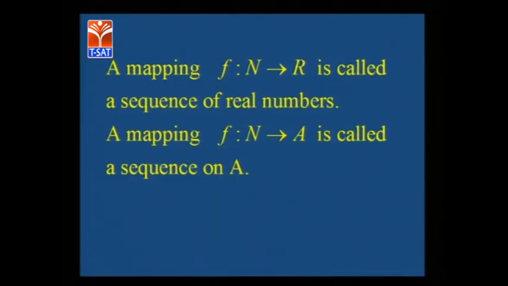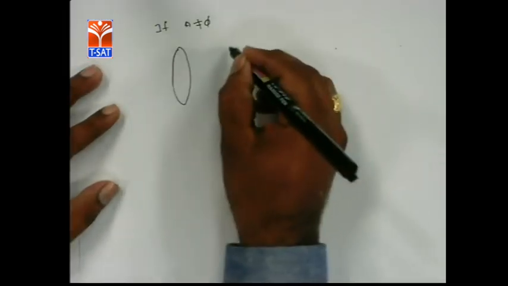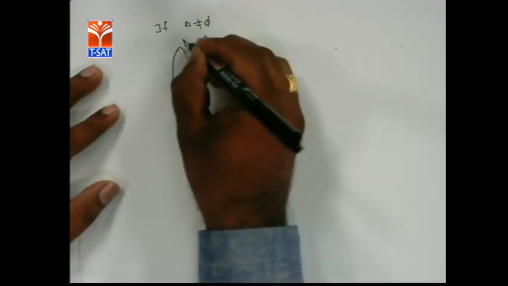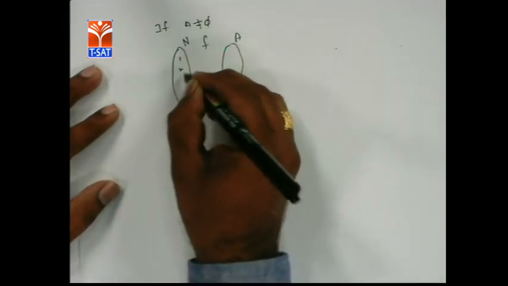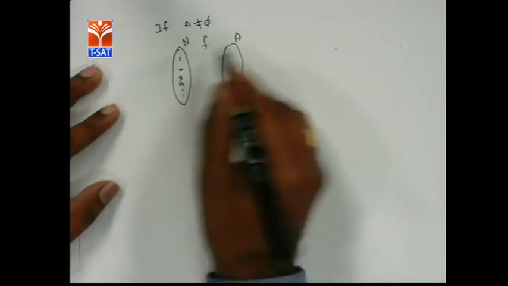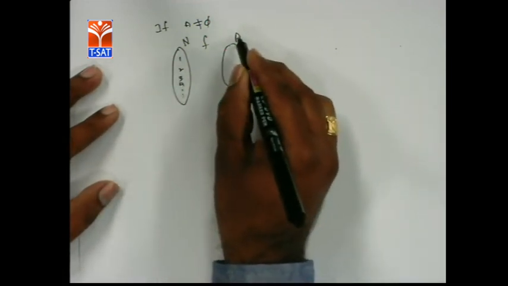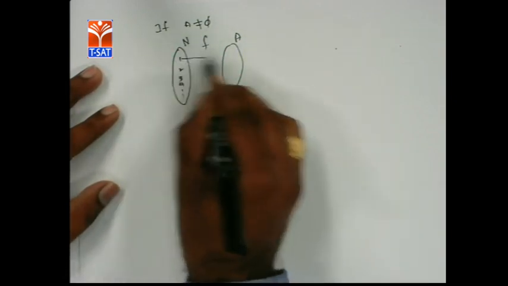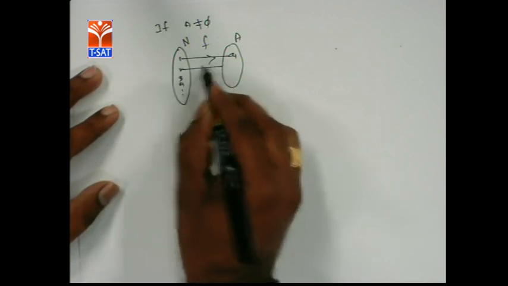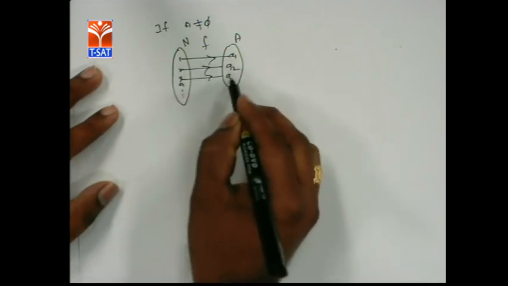A mapping f from N to R is called a sequence of real numbers. Suppose A is any non-empty set, then a mapping f from N to A is called a sequence on set A. Here A is the codomain of the function f: 1 goes to a1, 2 goes to a2, 3 goes to a3, and so on.